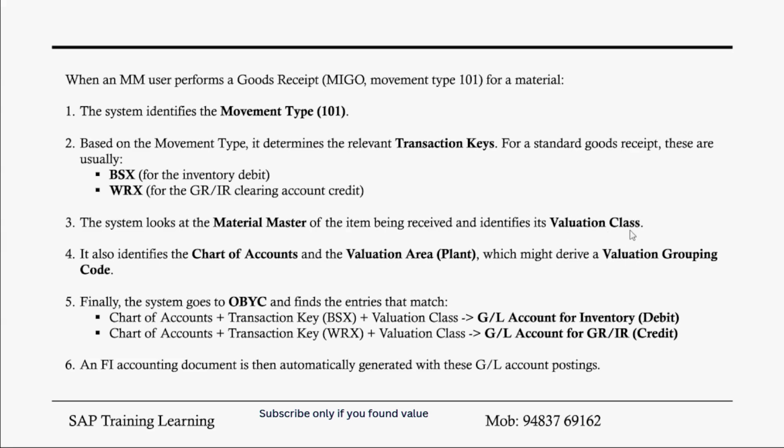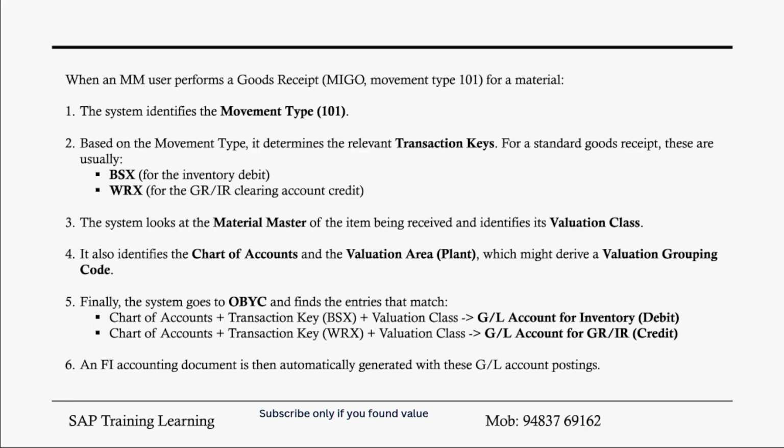This valuation class differentiates these materials, whether it is a finished product, a raw material, or trading goods. This valuation class comes from the material master, where you maintain it.